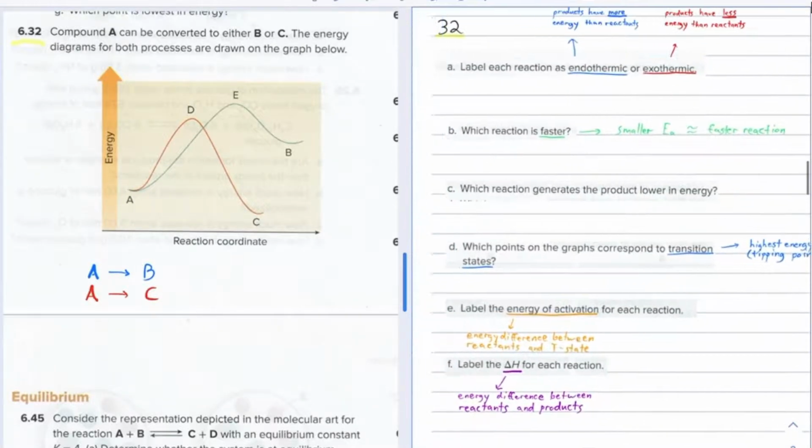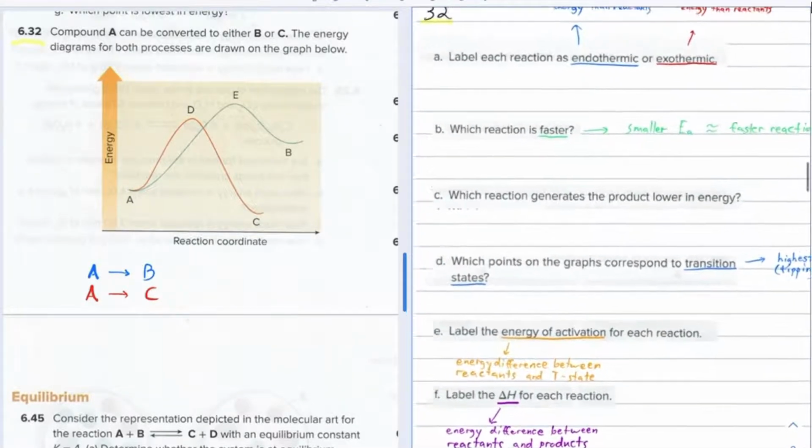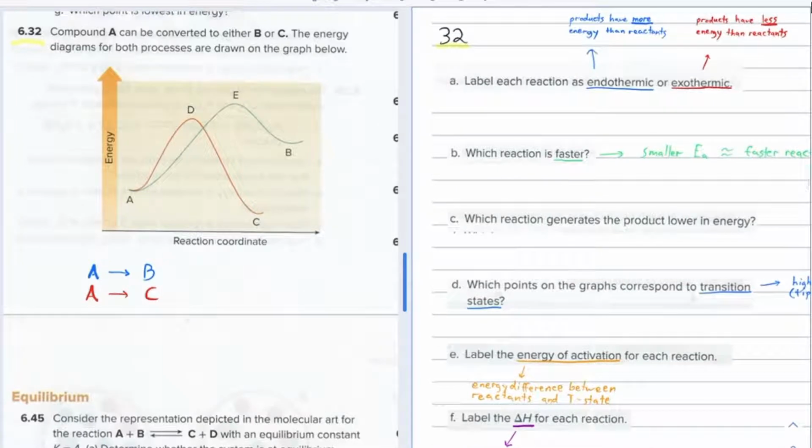First question is A, label each reaction as endothermic or exothermic. Endothermic is when the products have more energy than reactants, and exothermic is when the products have less energy than the reactants do.